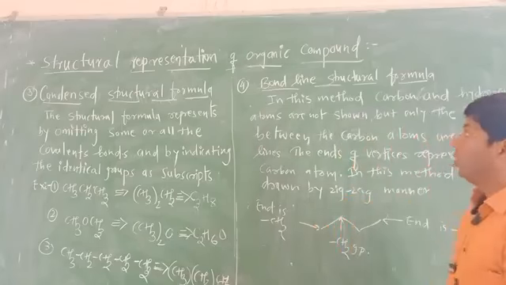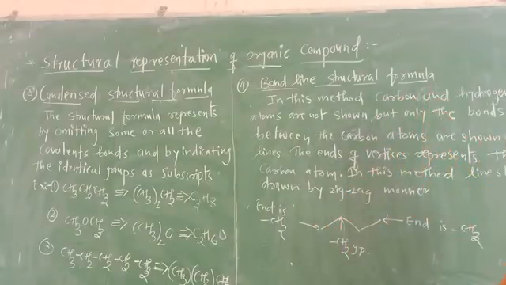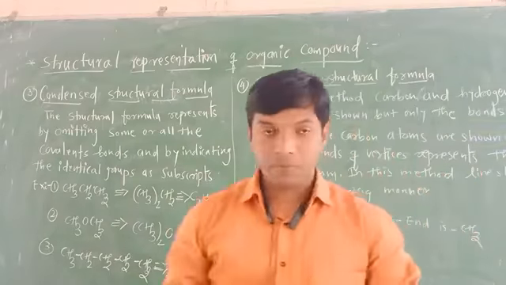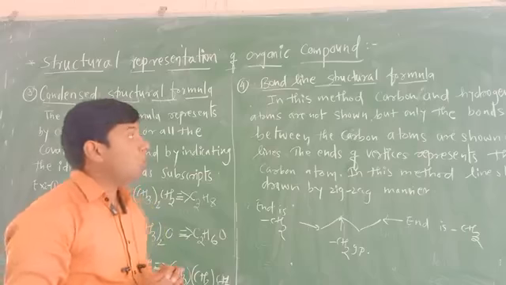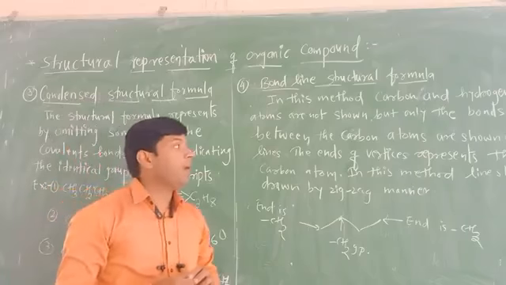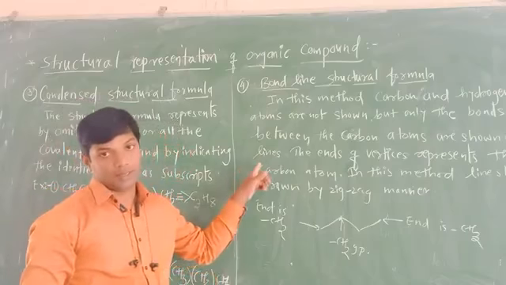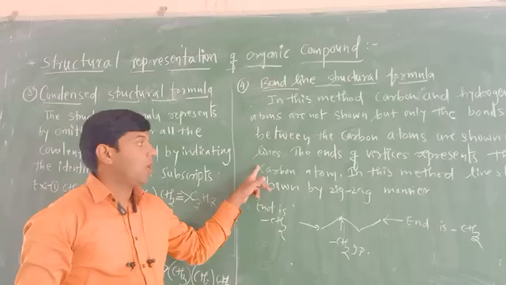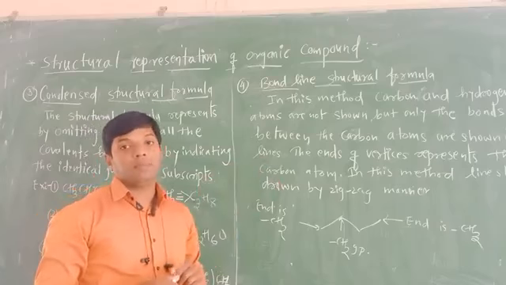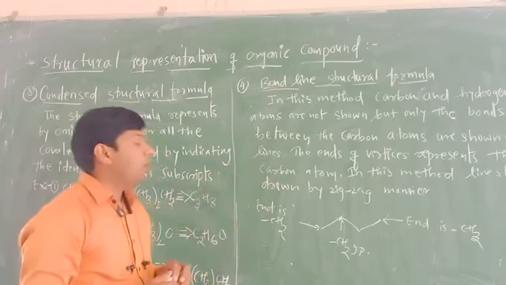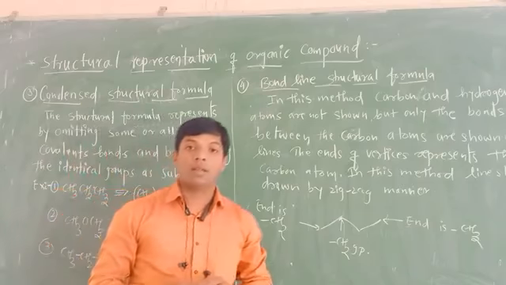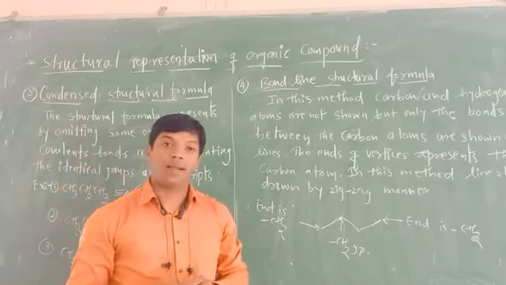I'll come to the next, bond line structural formula, also called bond line representation of the organic compound. In this method, carbon and hydrogen are not shown, but only the bonds between carbon and hydrogen are shown by lines. The ends or vertices represent the carbon atom, and in this method the bond lines are drawn as a zigzag line.